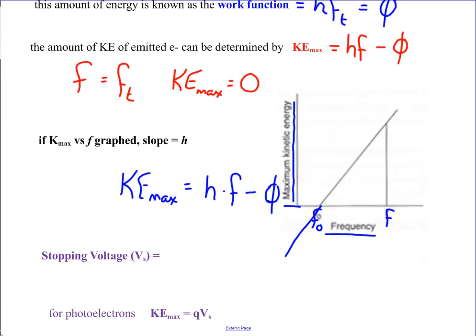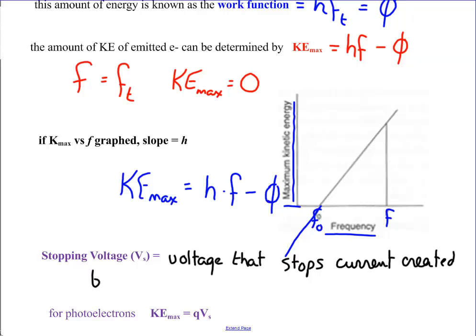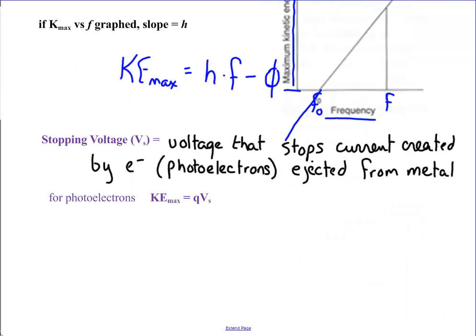Stopping voltage is something that can be experimentally determined, and it is the amount of voltage, or electrical potential, that stops the current created by the flow of electrons. Why is this useful to know? Well, when I use electric eyes or electric beams to start and stop circuits, it's useful to know what voltage is needed to stop the current flow.